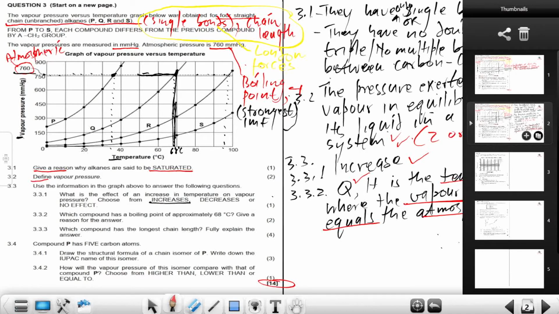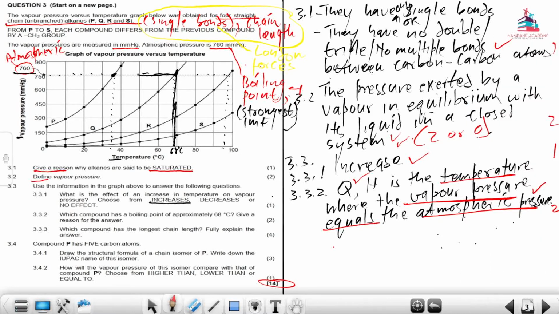So this says it is important first to identify and analyze exactly what the examiner is asking us. In this case, the examiner was assessing us in terms of chain length, moving from vapor pressure to also including boiling point. So now we have exhausted 3.3.2.